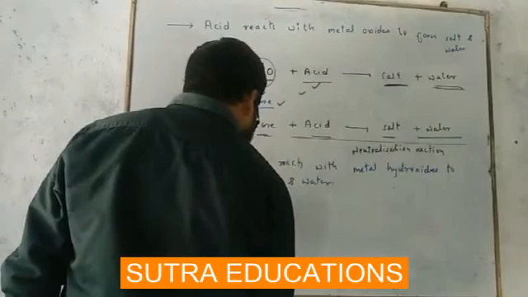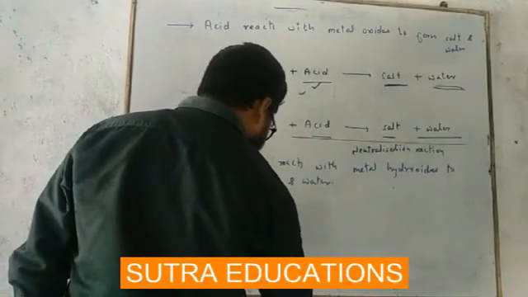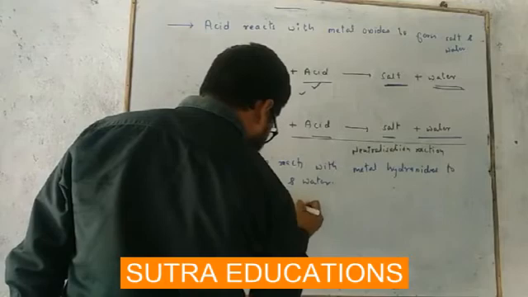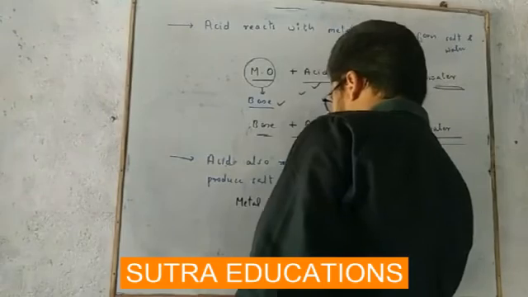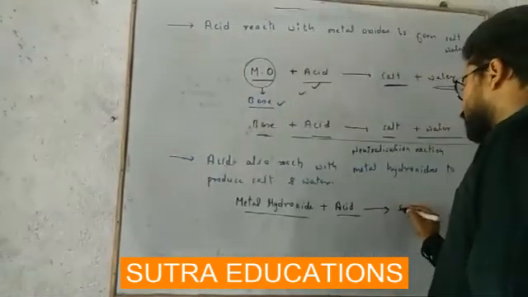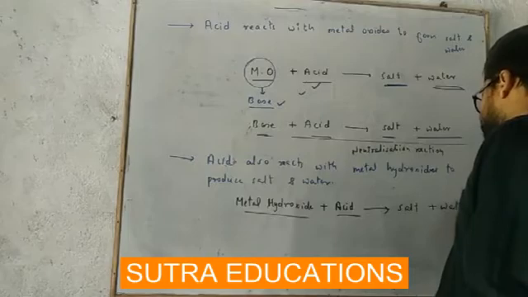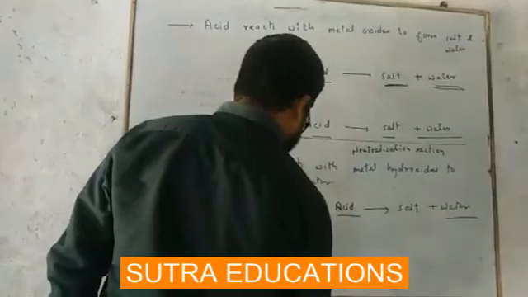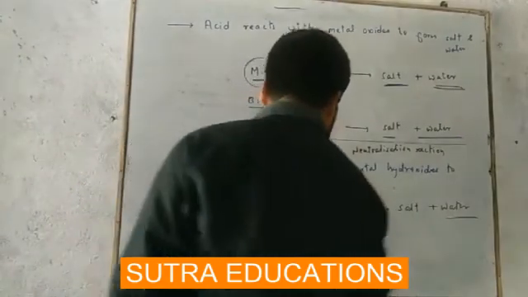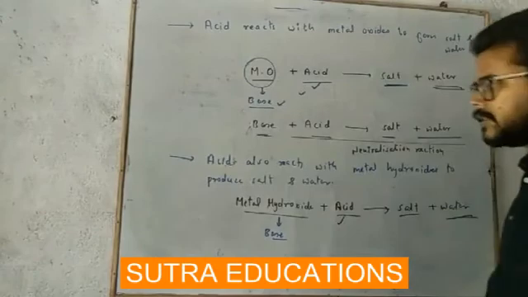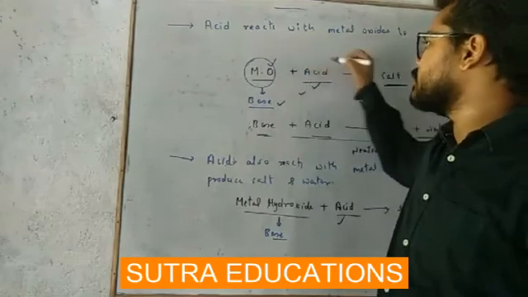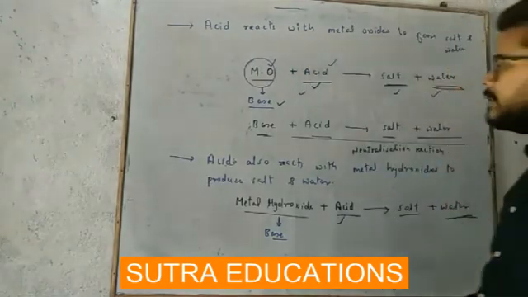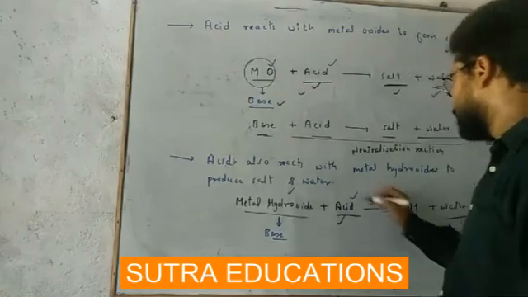Metal hydroxide plus acid, in general, gives salt plus water. Because metal hydroxide is also basic in nature, so we can say it is a base, and we know base plus acid forms salt and water. So both of these are true: metal oxide plus acid gives salt and water, and metal hydroxide plus acid gives salt and water.